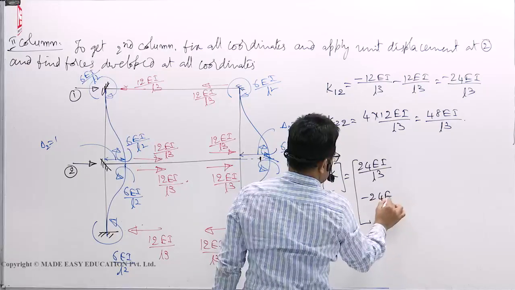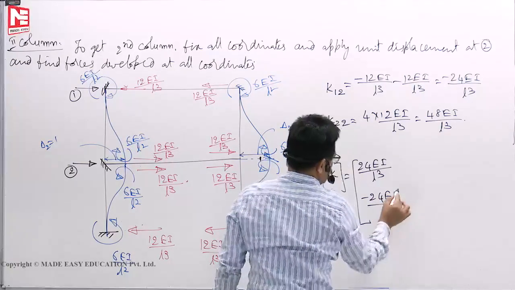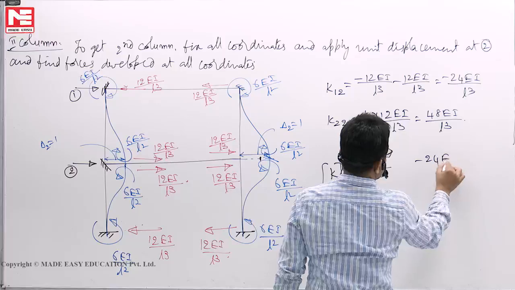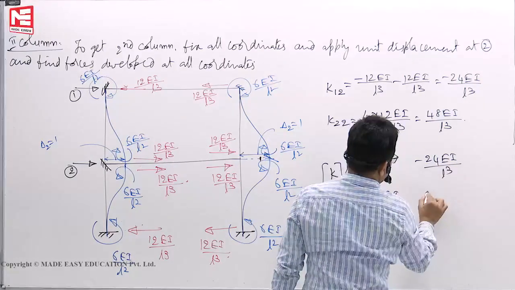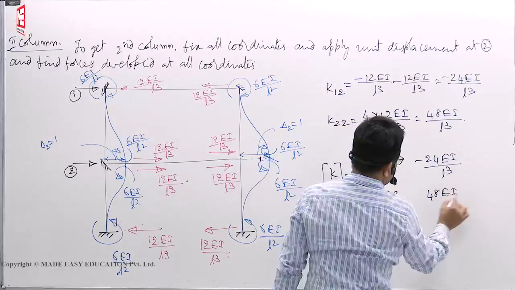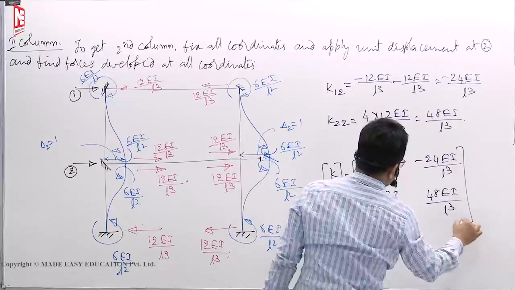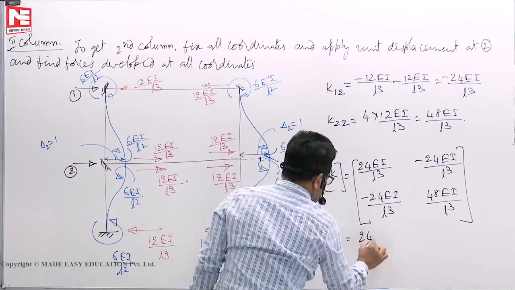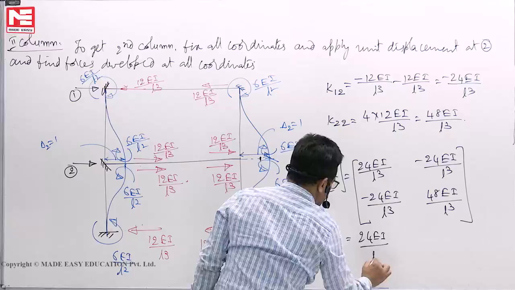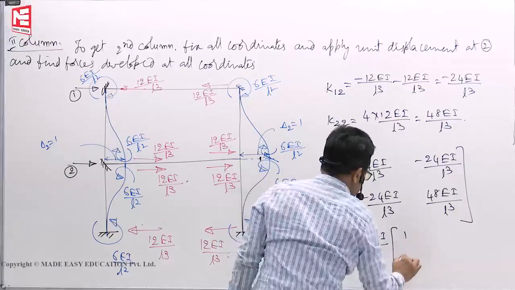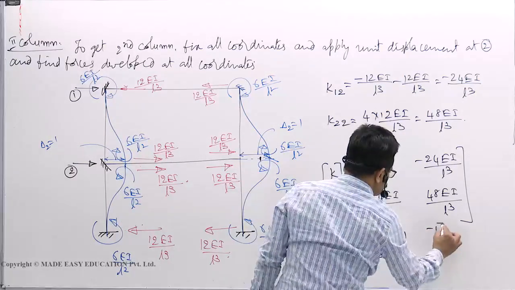This is minus 24 EI by L cube. This is minus 24 EI by L cube. This is 48 EI by L cube. If you take common factor 24 EI by L cube, 1 minus 1 minus 1, 2.